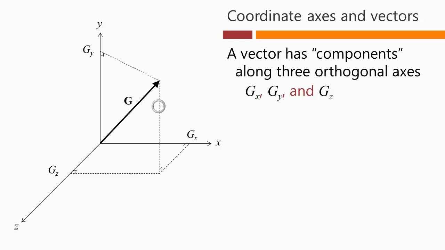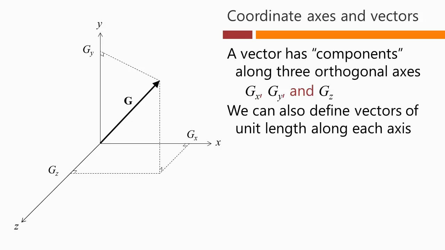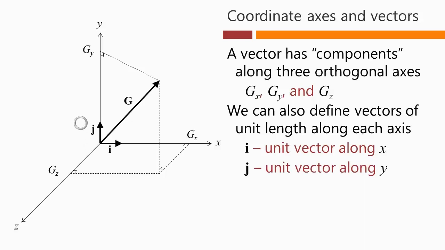You can see here we're dropping verticals, just as we did when we were talking about a point in space. We can define vectors of unit length along each of the coordinate directions. So, for example, i is a vector of unit length along the x direction, j is a vector of unit length along the y direction, and k is a vector of unit length along the z direction.